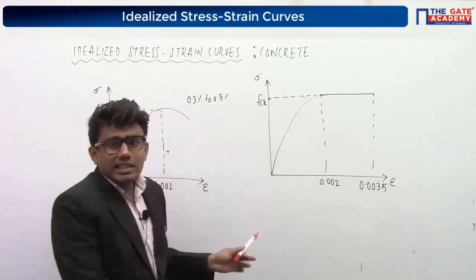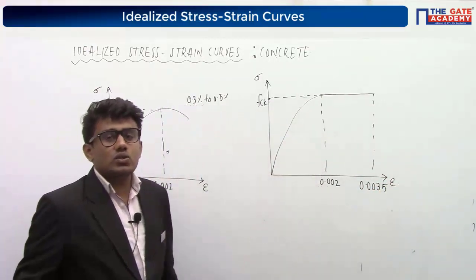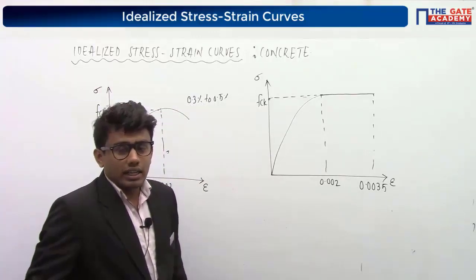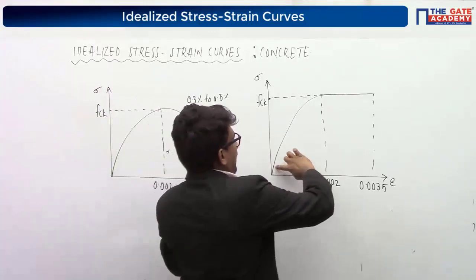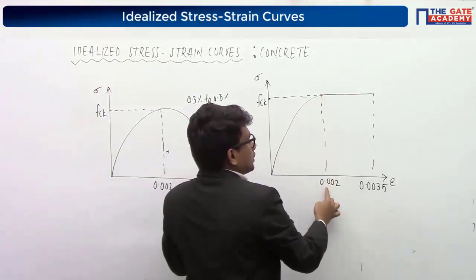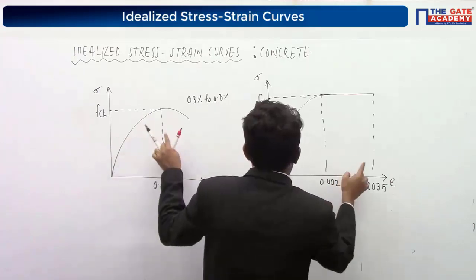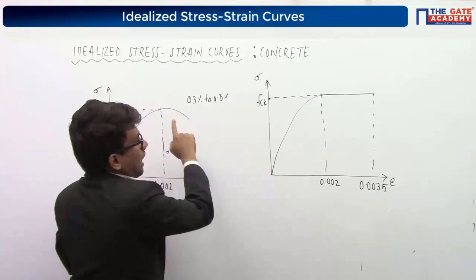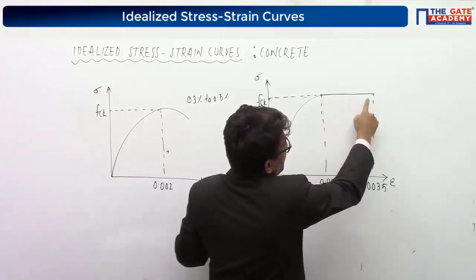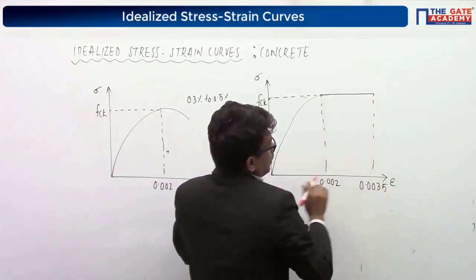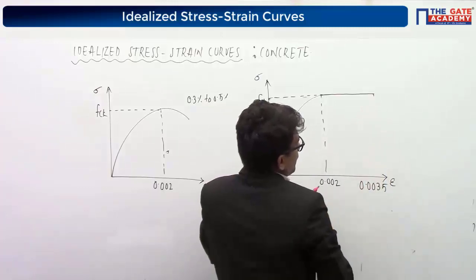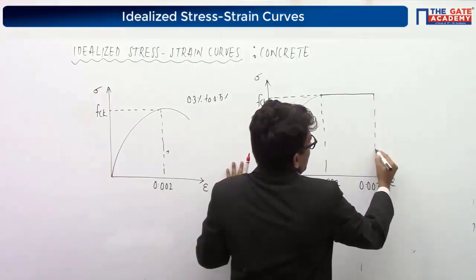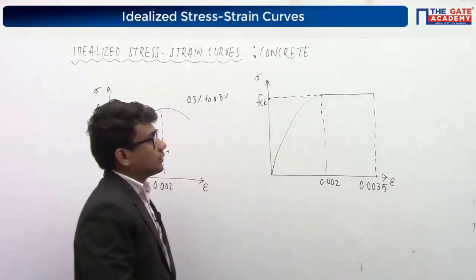This is called the idealized stress-strain curve of the concrete. You can compare it with the actual curve. After the peak it is not like that; we have to consider a uniform stress value till the strain value 0.0035.